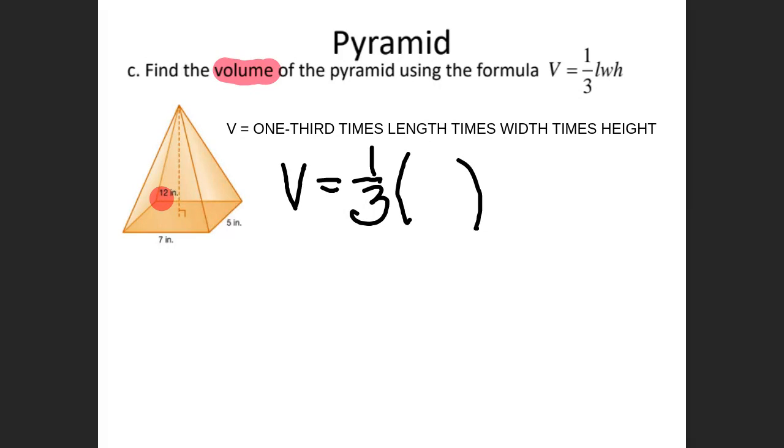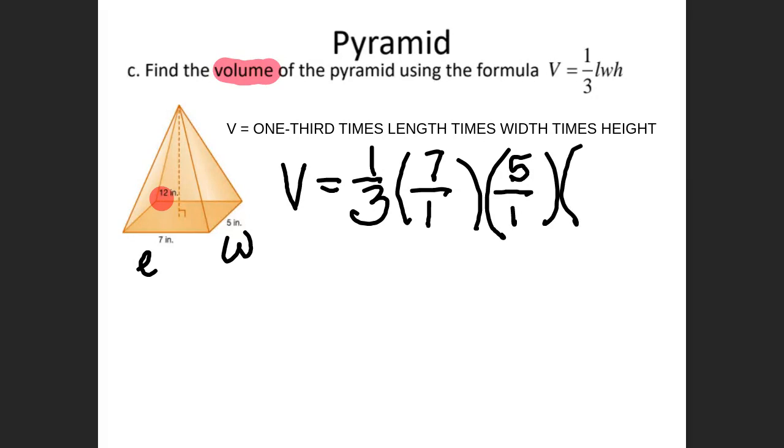Now my length and my width are on the ground. There's what the pyramid stands on. This is 7 over 1. This is 5 over 1. And my height is 12 over 1.